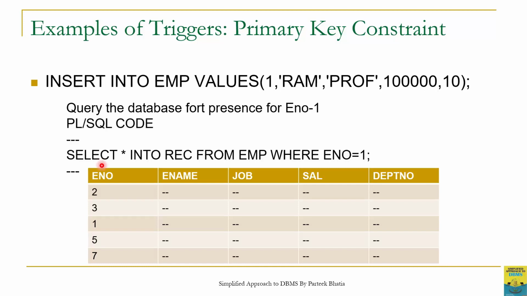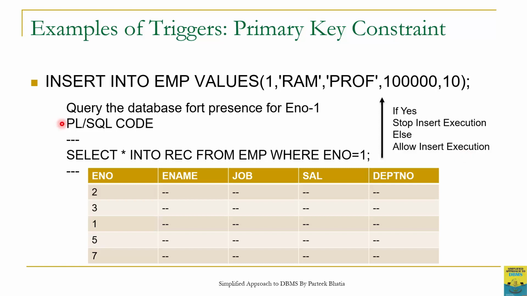You can understand that Oracle will use something like this: select star into REC from employee where E number equal to 1. If this select into statement returns a record, then it will stop the execution of the insert statement, else it will allow execution of this insert statement.